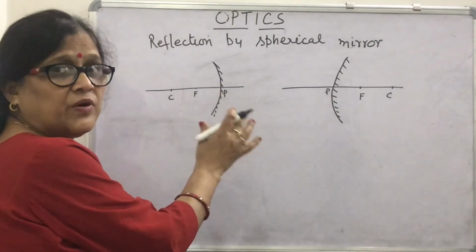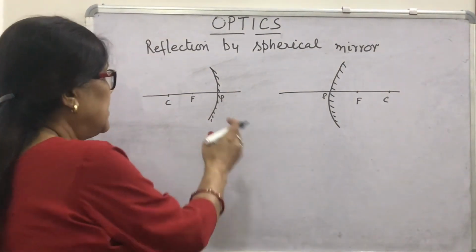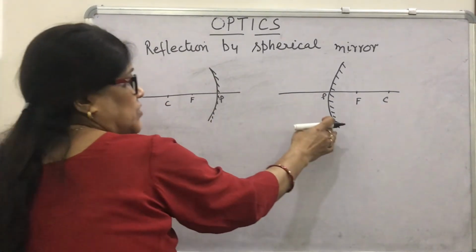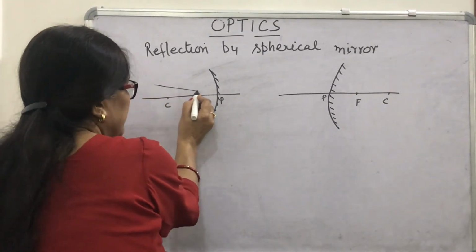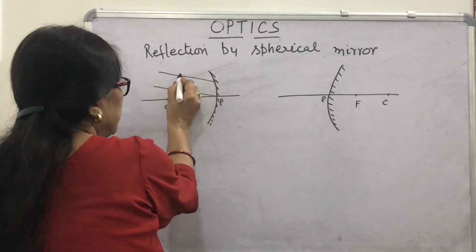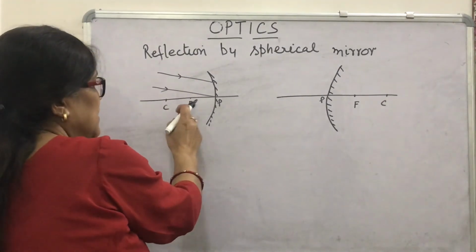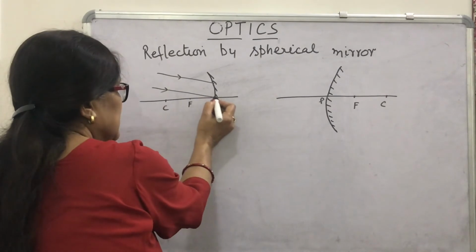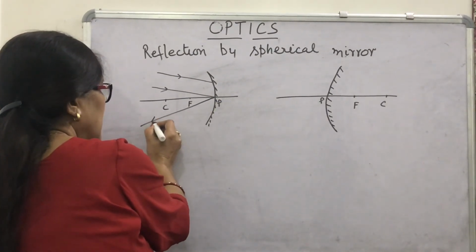Another important definition, that is, what do you mean by focal plane? Look, this is the concave mirror, this is convex mirror. Take a set of rays which are not parallel to the principal axis but are parallel to each other. I have taken these two rays which are parallel, they are incident at the mirror, then what happens? For this ray you will draw the reflected ray like this. How?